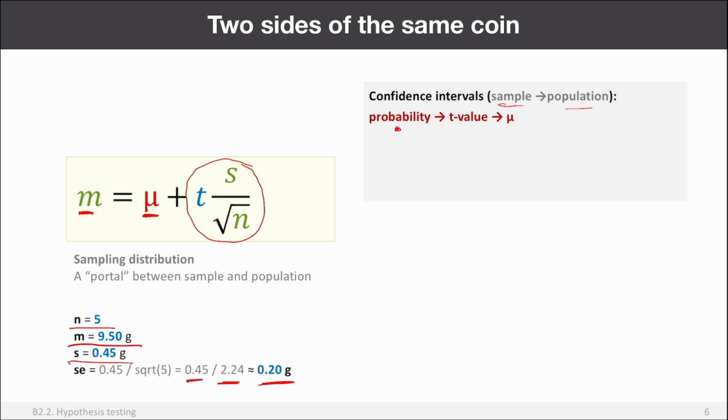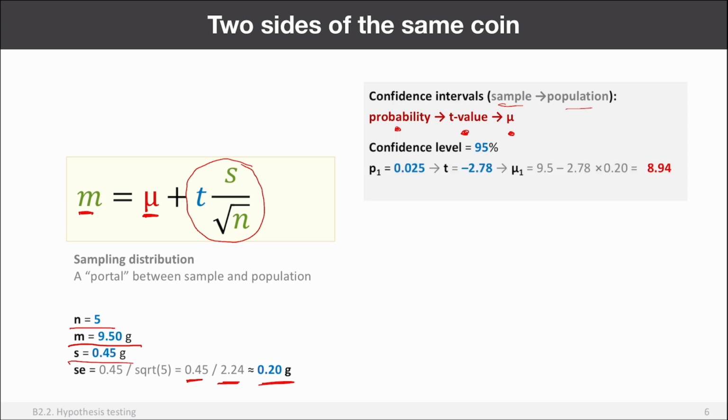Then based on this probability, we compute the t-value using the theoretical distribution, using the ICDF function. And then we use the computed t-values and the statistics of your sample to compute the population parameter. So we go from sample to population via the theoretical distribution. So this is an example. If you want to compute a confidence interval, we have 95% of most common values, so we can define probabilities.